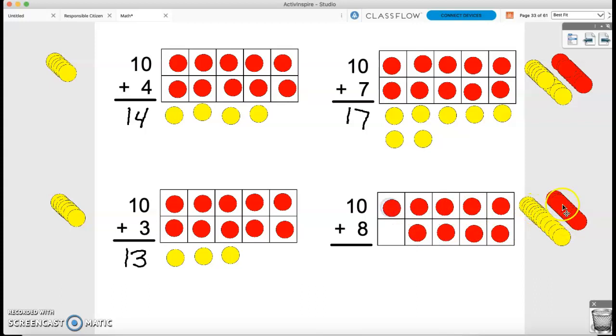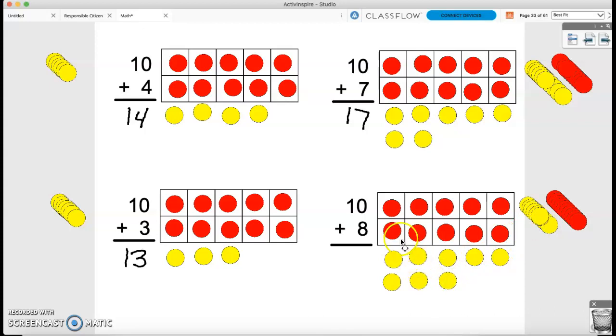So here we go. There's our 10, and it says I need 8 more. So 1, 2, 3, 4, 5, 6, 7, 8.